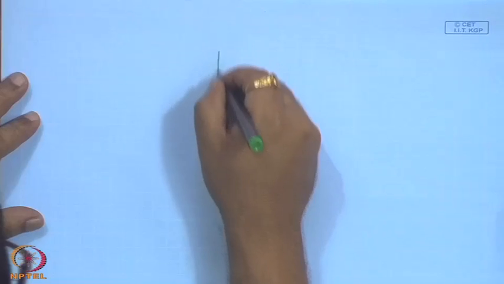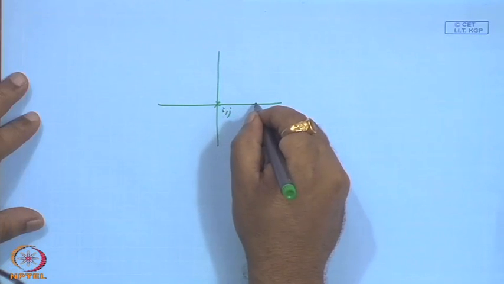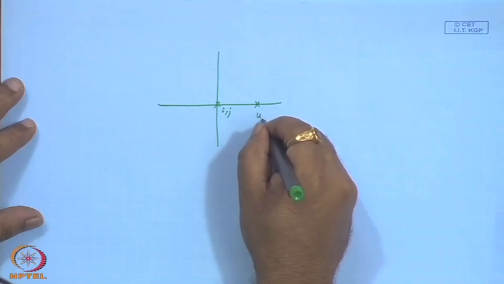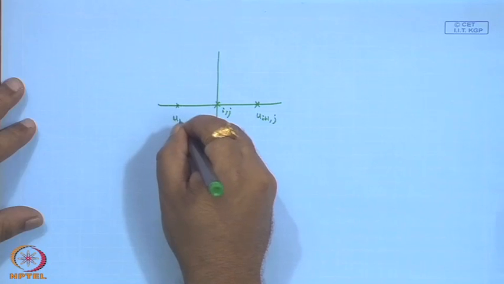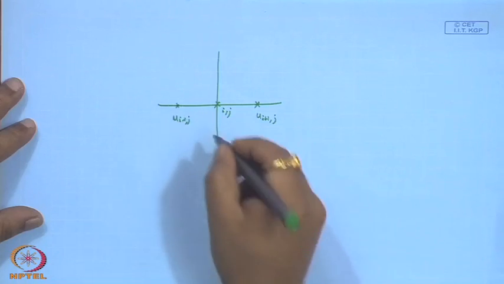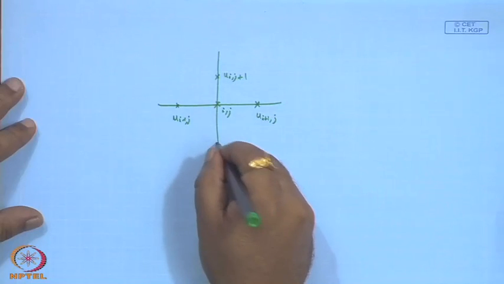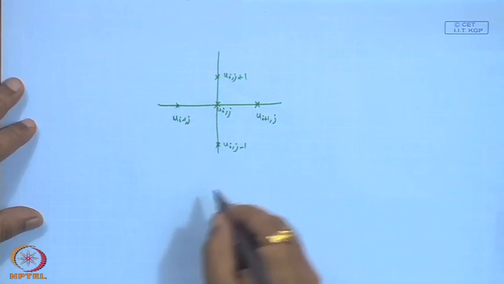I would like to show you because many books refer to that. So, this is i j and your neighbors are i plus 1 j, i minus 1 j, i j plus 1, i j minus 1. So, this is u_ij.